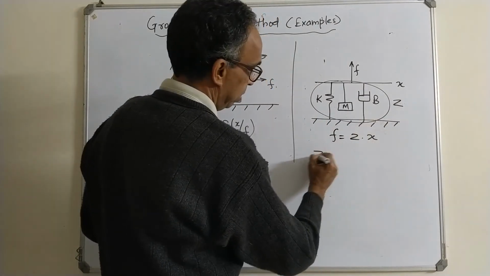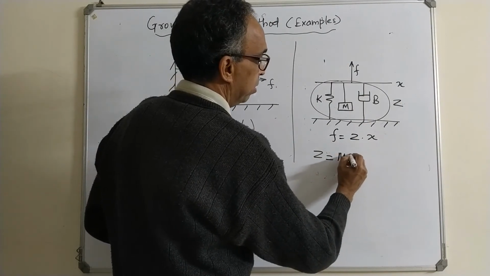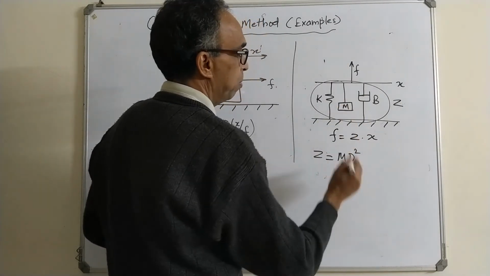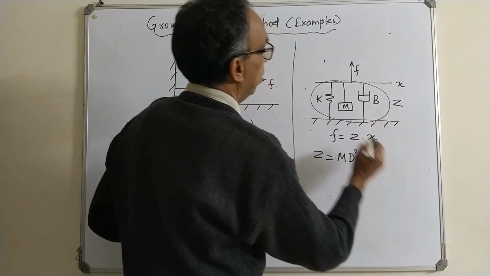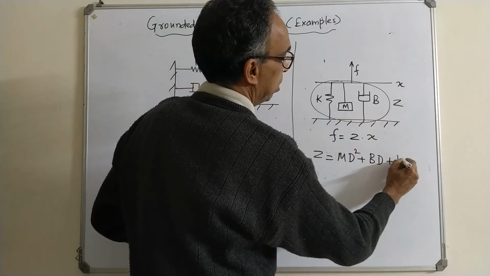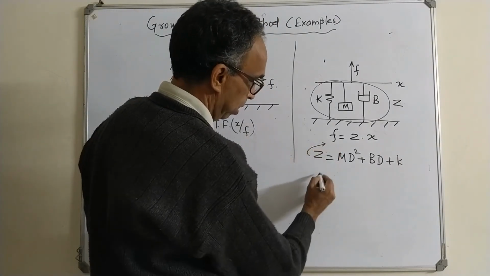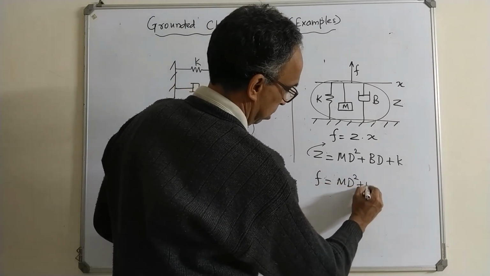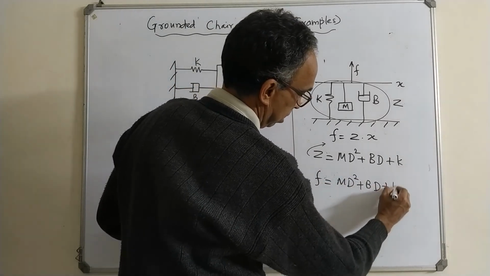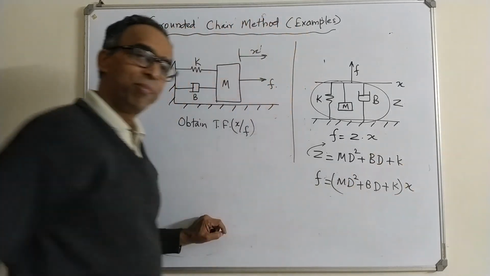Z, in descending order of powers, is MD square plus BD plus K. When I substitute it here, F is equal to MD square plus BD plus K, which is Z into x.